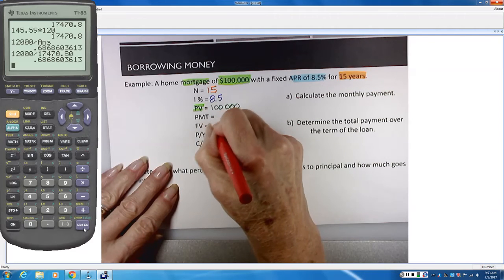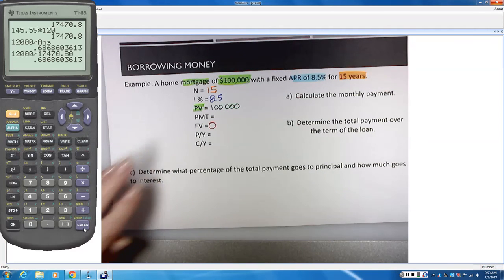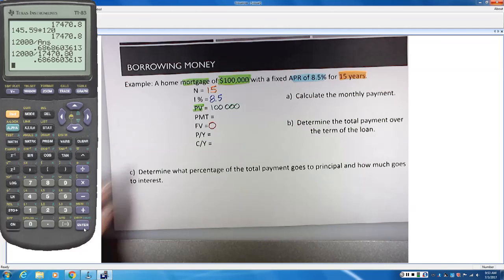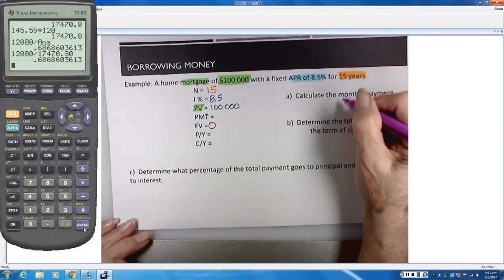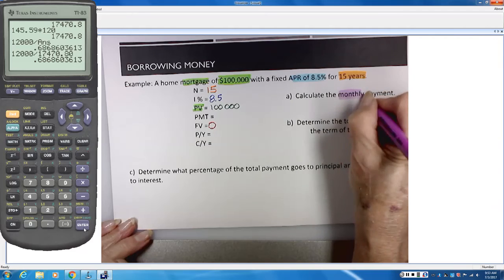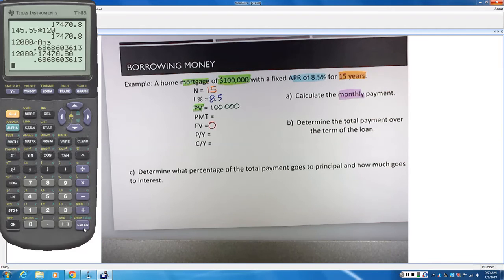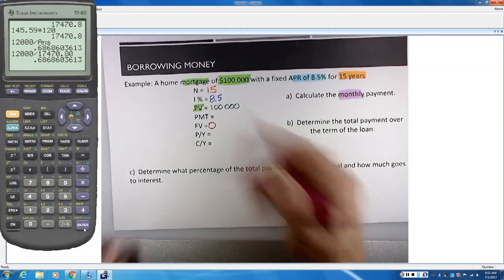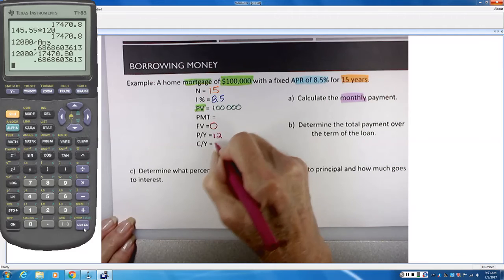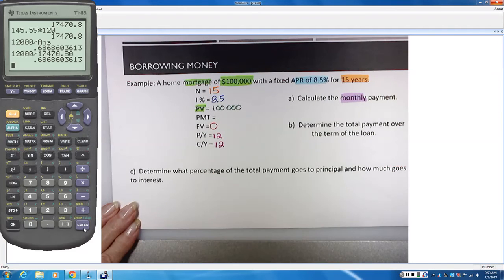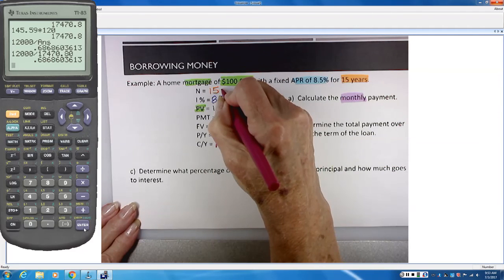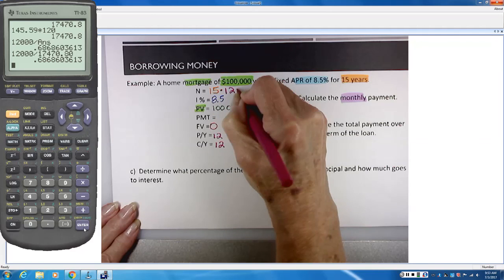At the end of this time, we will owe no more money because we will have paid off the house. And it says to calculate the monthly payments. And the fact that it's monthly tells us that we're going to make 12 payments a year. They're going to compound interest 12 times a year. And we're going to make 15 times 12 payments.